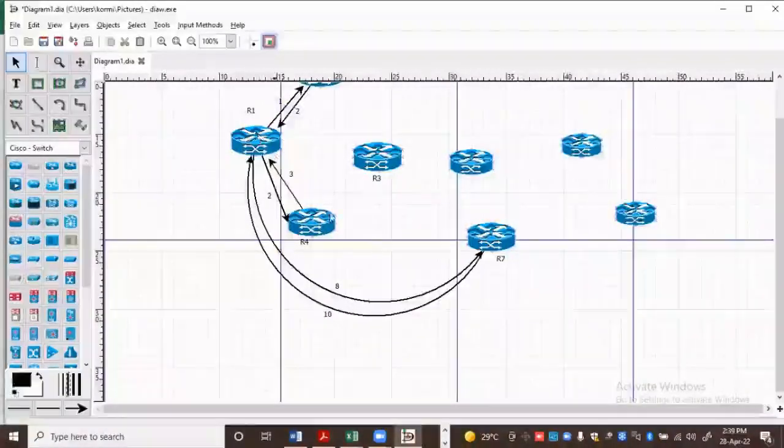So in this case, to move packets from router 1 to router 7, I've just assigned a cost of 8, a cost matrix of 8. And then from 7 back to 1, I've just attached 10 over there. The numbers I just made up. That's all.